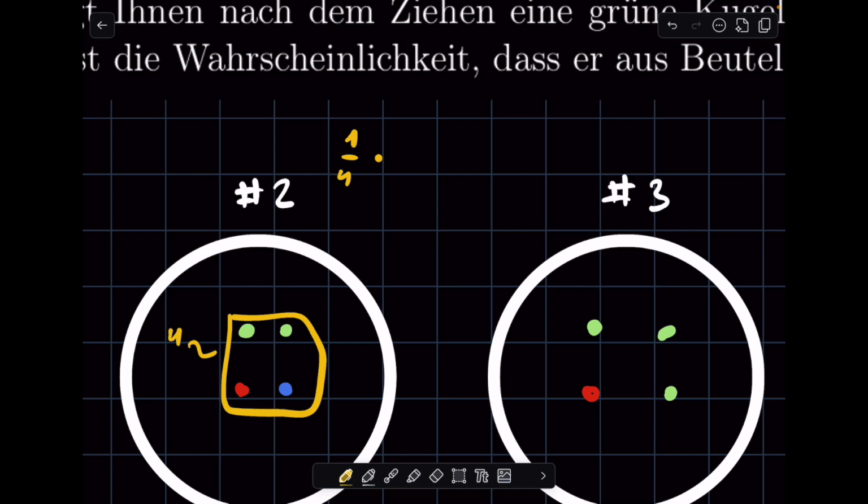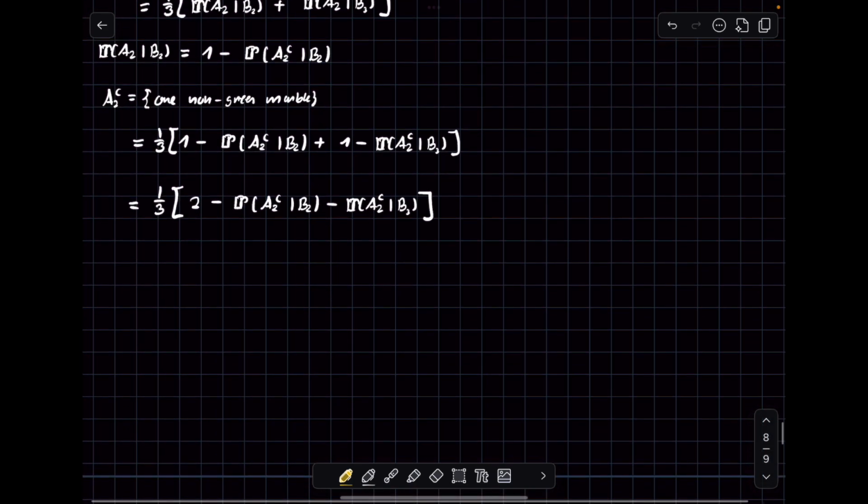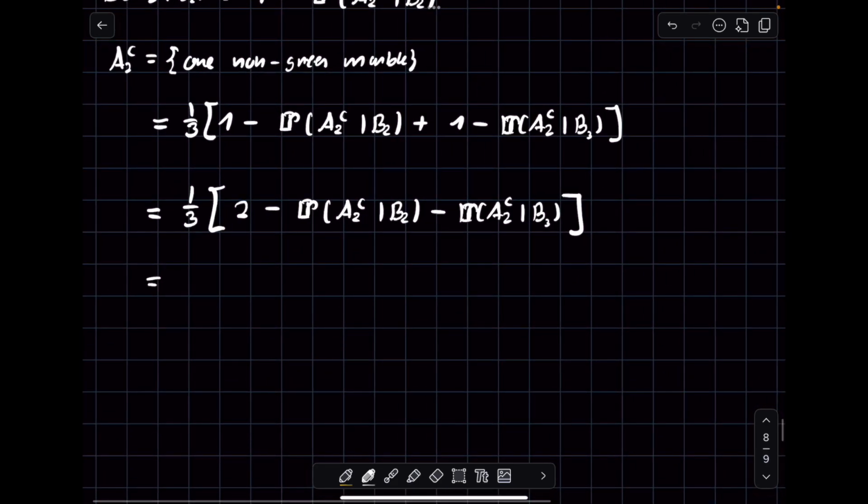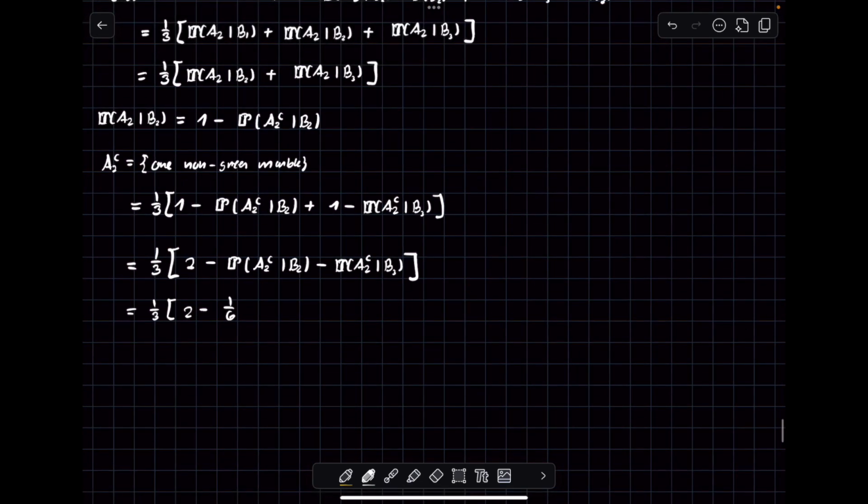So in this case, we're going to take another marble, which is going to be the blue marble, right? And that's it. Now the other cases are that we choose first the blue marble, and then the green, and then the red marble. So if we sum these up, we get 1/6. Meaning we get 1/3, 2 minus 1/6, right?